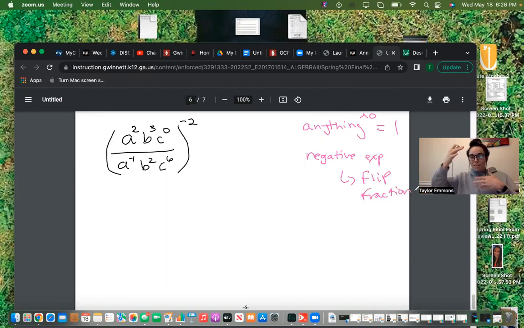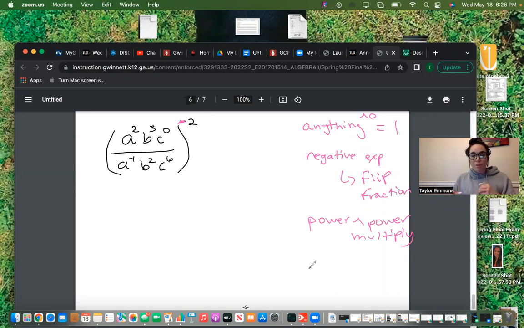So if you ever see that negative exponent, so like this guy right here, boom, gonna flip the whole thing because it's around this entire parentheses. Okay, if we have a power raised to a power, then you're just gonna multiply. So what I mean by that is we have all these numbers on the inside and they're all raised to that -2 power. So you're gonna multiply 2 times 2, 3 times 2, etc. Okay, and then we'll talk about the other ones in just a second.